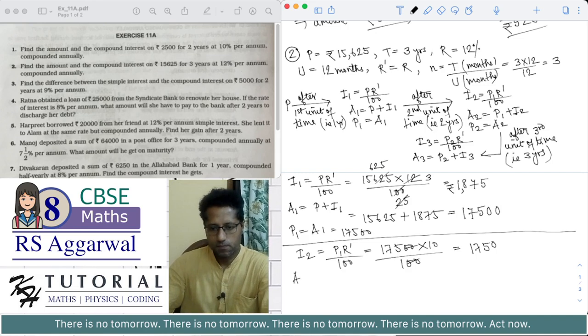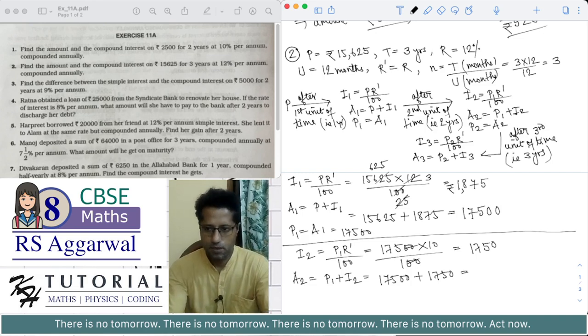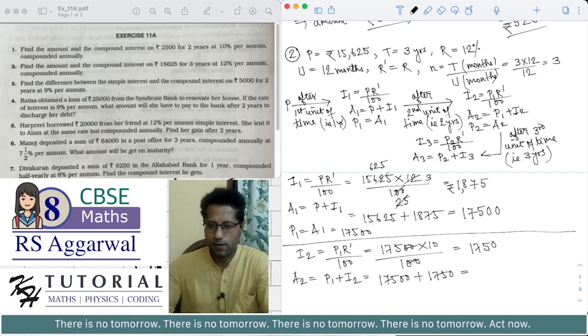What is A2? A2 is P1 plus I2. This is equal to 17500 plus 1750, which is equal to 19250.